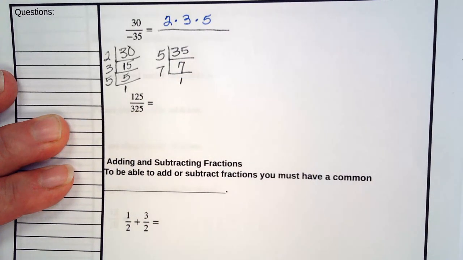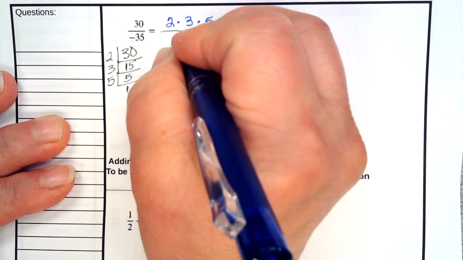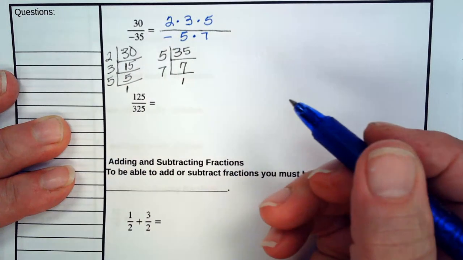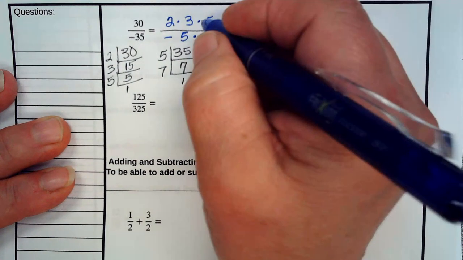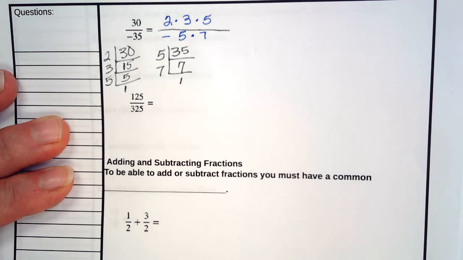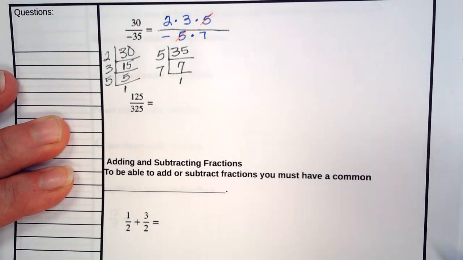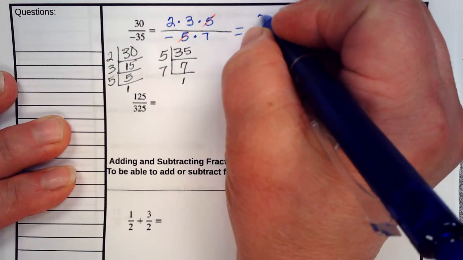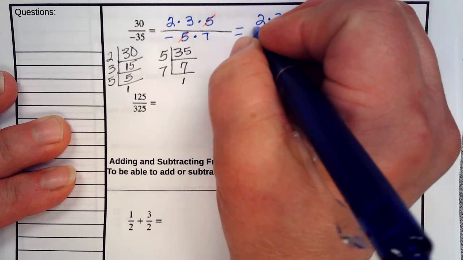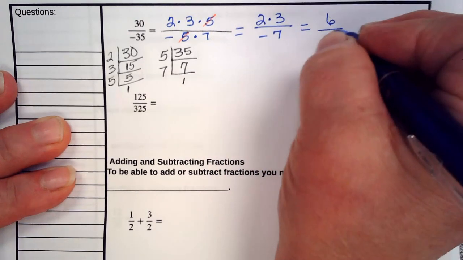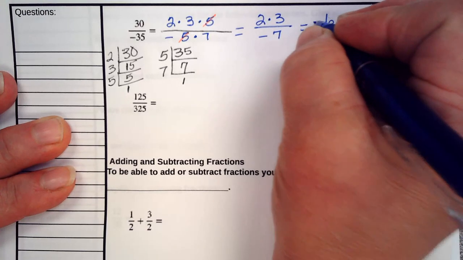So the bottom is 5 times 7. Cancels out. The 5s will cancel out. So I've got 2 times 3 over negative 7, which gives me 6 over 7, and it is a negative number.